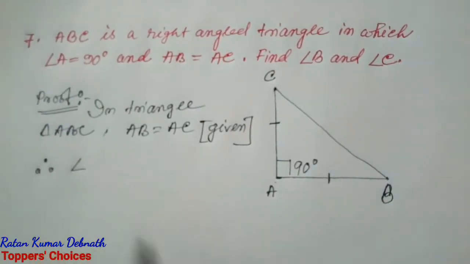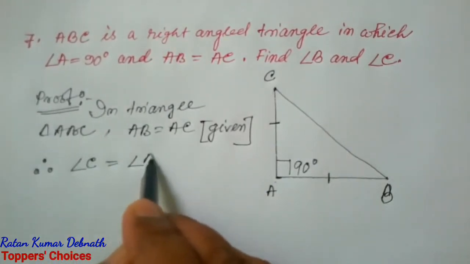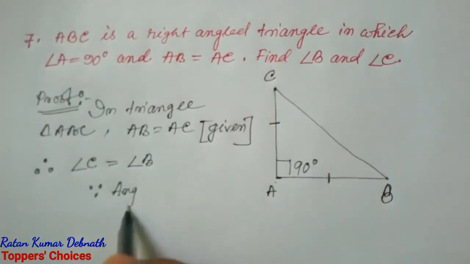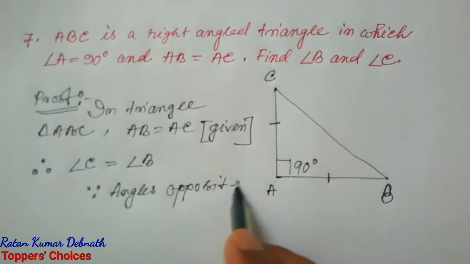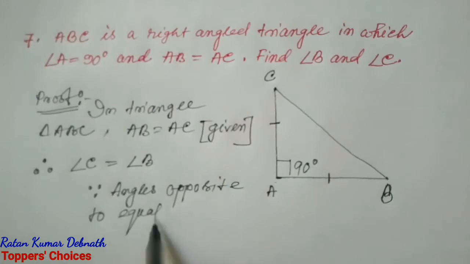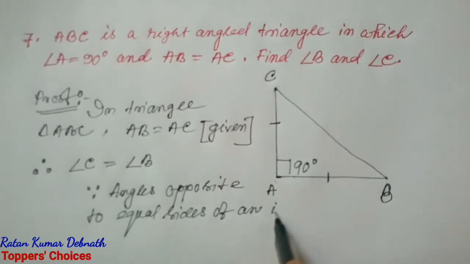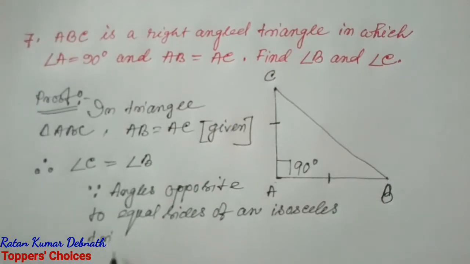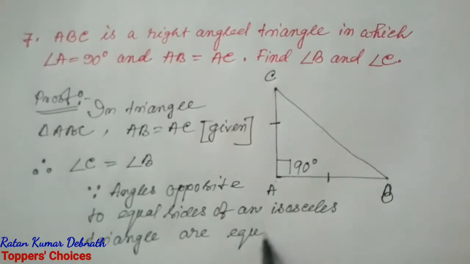Therefore, angle C equals to angle B, as because angles opposite to equal sides of an isosceles triangle are equal.